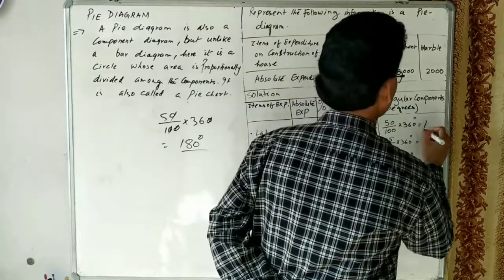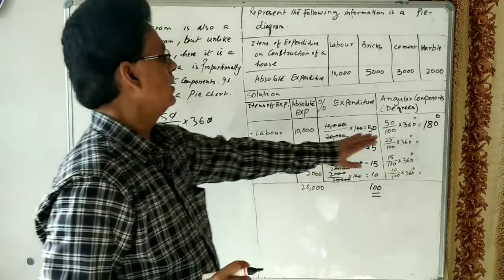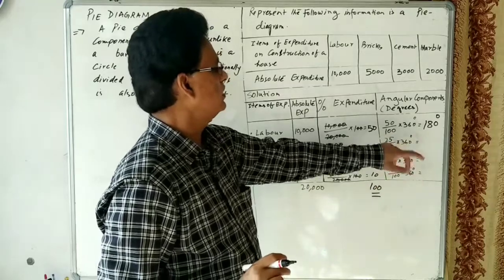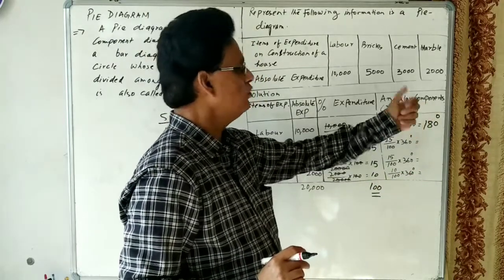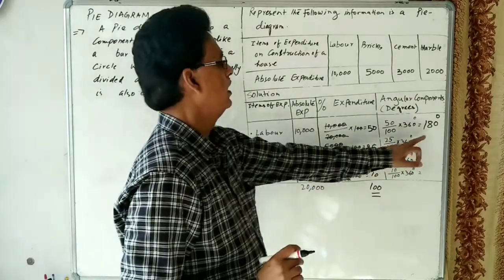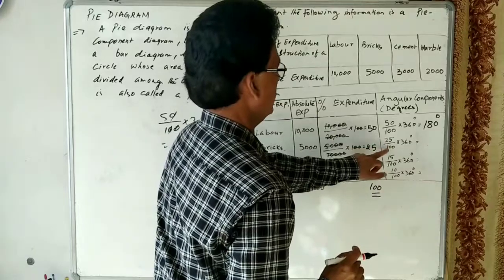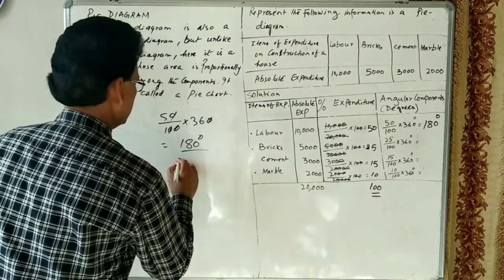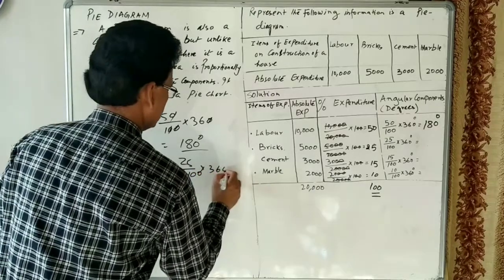So we have seen 180 degrees. Similarly, we can convert this percentage into degrees or angular components. Here it is 180 degrees, and here 25 divided by 100 multiplied by 360.